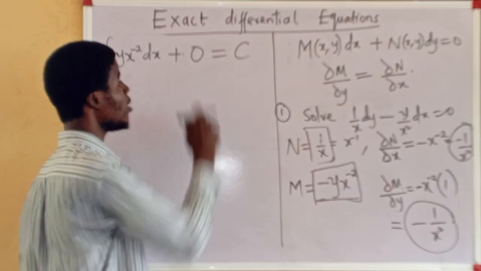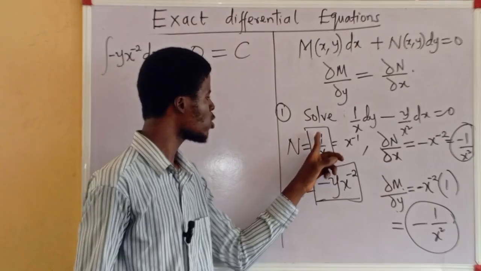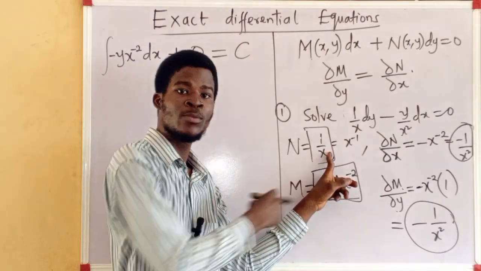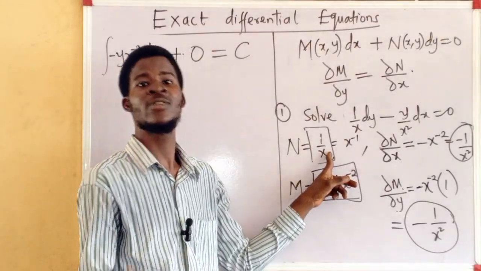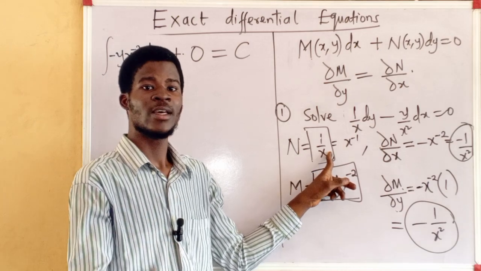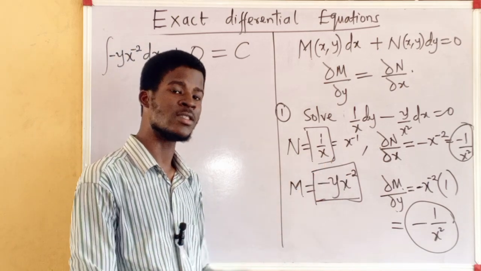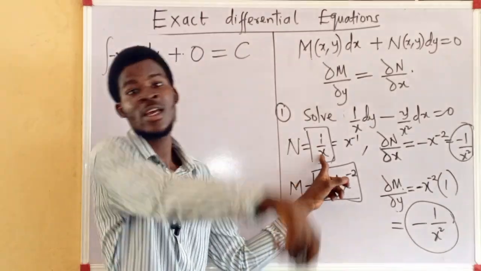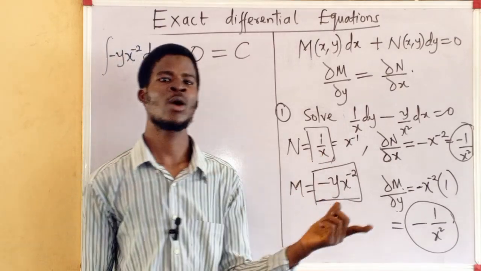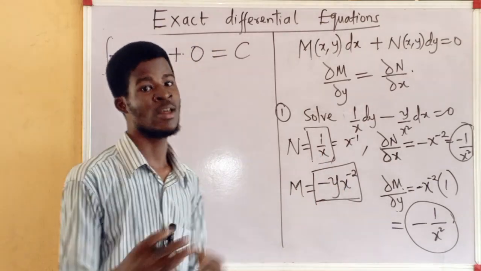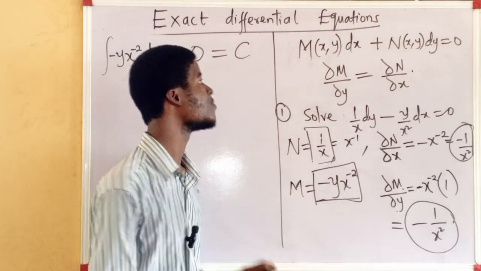We wrote 0 here because n is equal to 1 over x. There is no y variable here. So we can't actually integrate with respect to y the terms that do not contain x because the term that we have here contains x. Maybe in the next example we're going to see something that contains x and y. Okay, but this is for this.